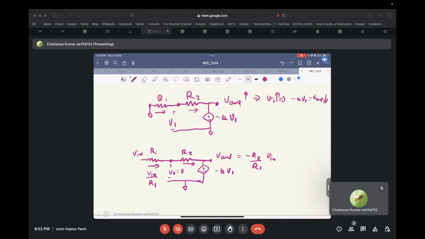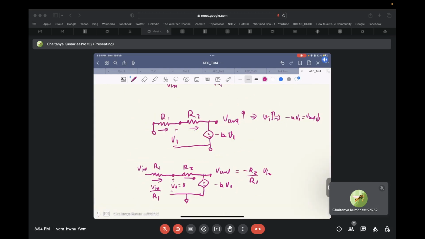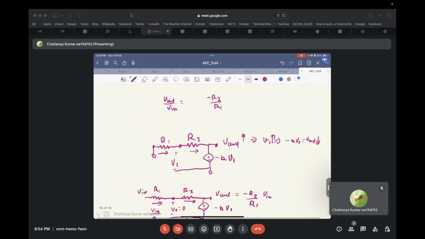So we see that in all the four circuits, the circuit was in negative feedback, and we had the same gain irrespective of whatever control source we used.